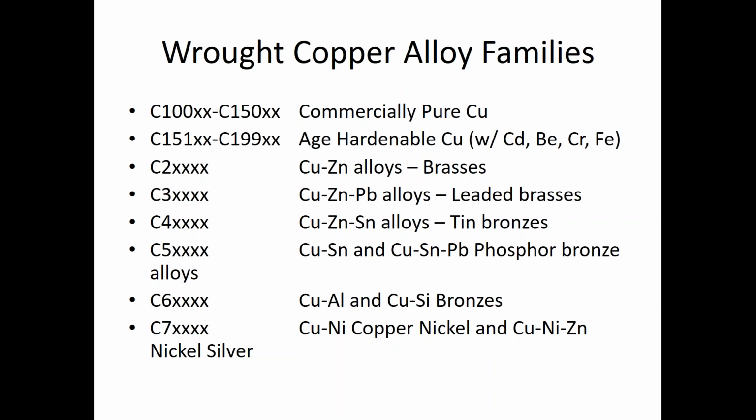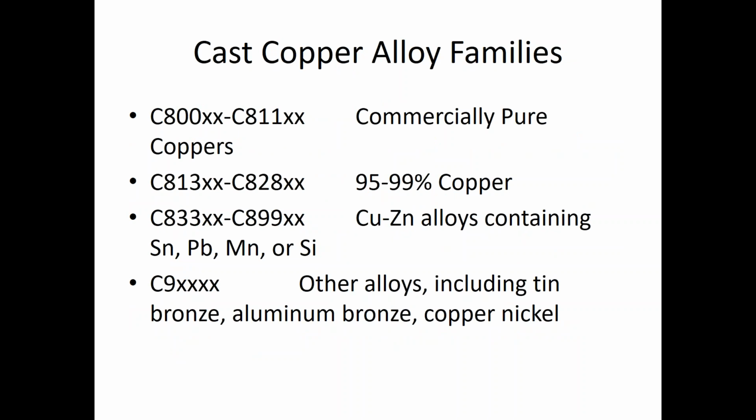And the 7 series is copper nickels and copper nickel zincs, or nickel silvers. These copper nickel zinc alloys are all silver in color because of the nickel and the zinc. In the 800s and 900s, they're cast.